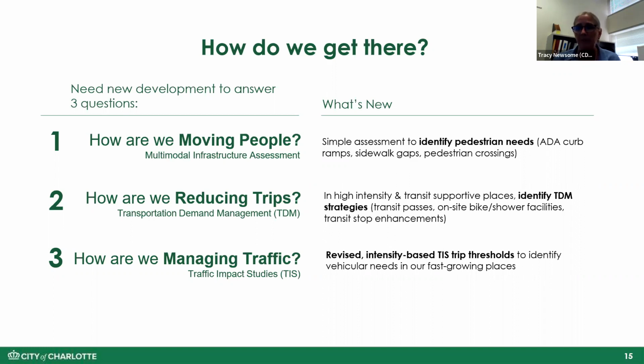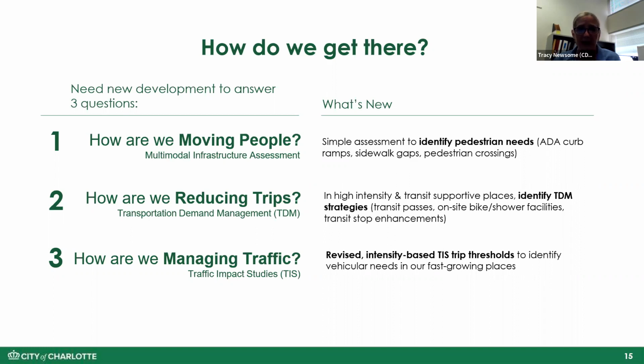So it's about reducing the number of trips made in a single occupant vehicle. And so those strategies can be things like offering transit passes, having on-site bike and shower end of trip facilities that help people make the choice not to either come to that place or to move around in that place by a single occupant vehicle. And again, that's applied in the higher intensity places.